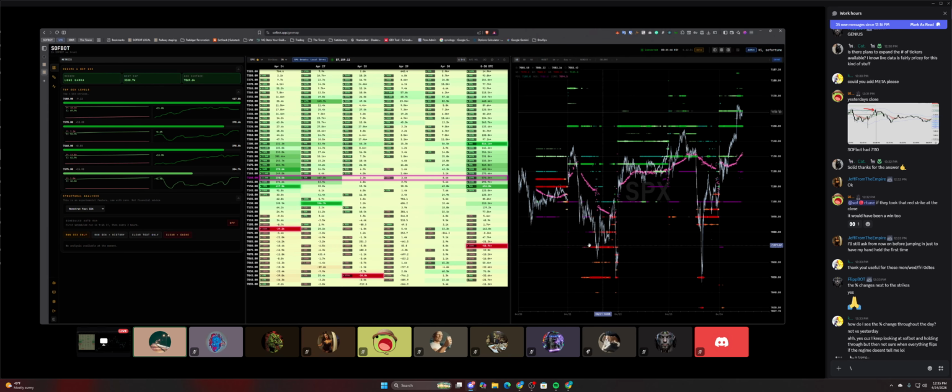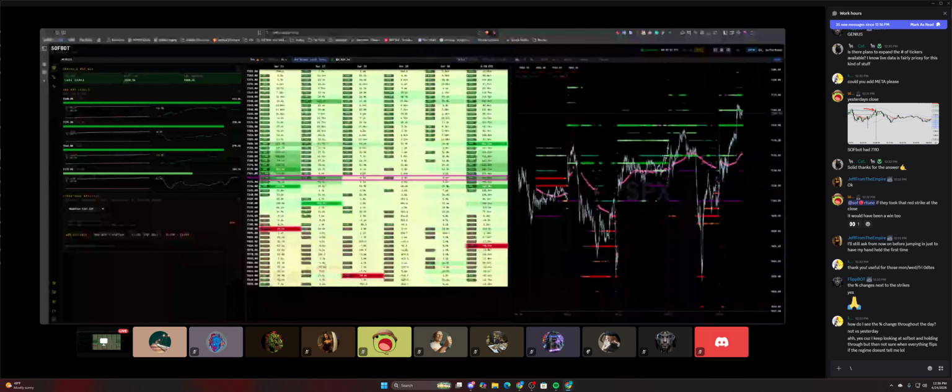We haven't really had a trend day. The market has been moving up, but we haven't had a trend day at all, unless you got it at the lows here. I sent this chart in the channel earlier. If you look at the daily chart, why does this chart look like this?